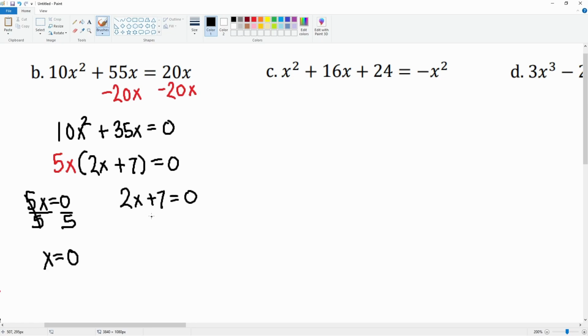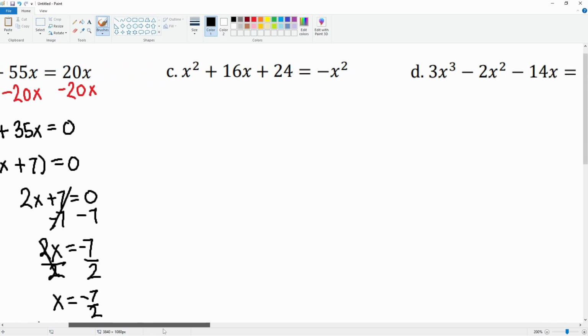The second solution is based on 2x plus 7 is equal to 0. Minus 7 to both sides. The 7's on the left cancel. 2x is equal to negative 7. Divide by 2, divide by 2. This cancels, leaving you with x is equal to negative 7 over 2. That's how we solve.